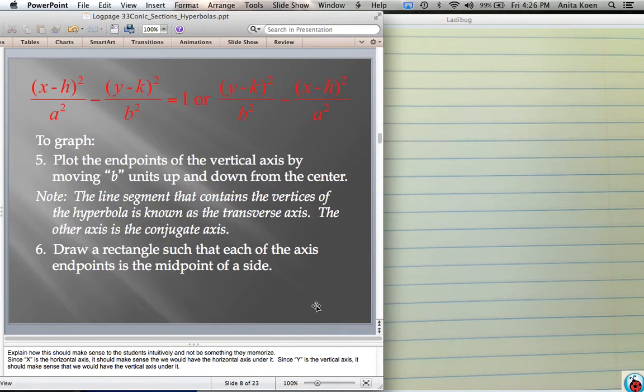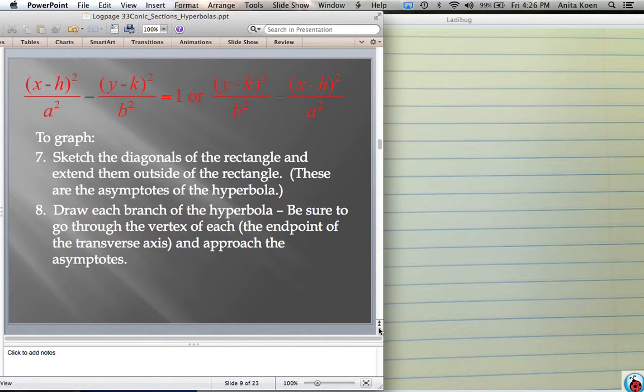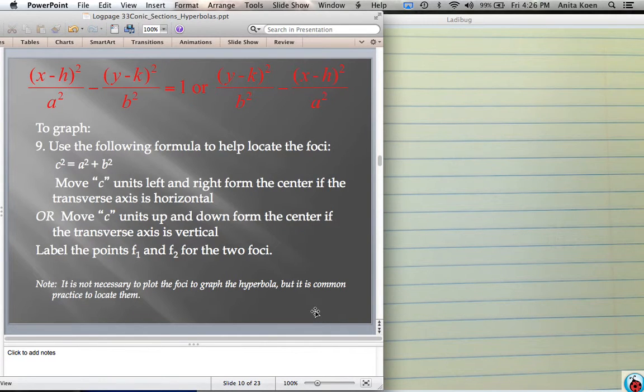Be sure that you pause the video again and copy down these two steps in graphing a hyperbola. One last time, be sure you pause the video and copy.